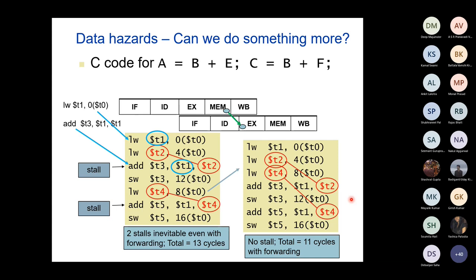So you need to do a data flow analysis to figure out whether the shuffling of code is possible. The main idea is to create distance between this load instruction and its subsequent use. If you have a smart compiler which can look into these subtleties, possibly it can do that.